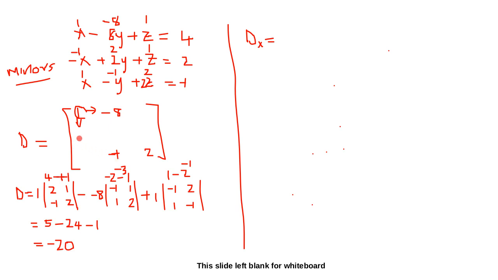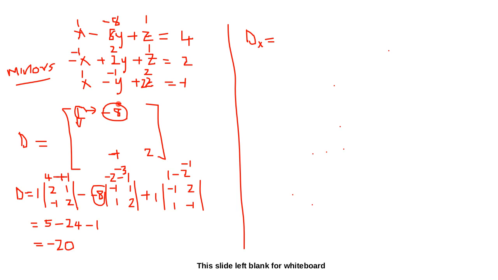So its minor is negative 1, 1, 1, 2, which we have written here. So when you are getting the determinant, we take 1, then minus negative 8 times its minor, and then plus 1 times again its minor. I hope now you have seen where we are getting the negative 8. The negative 8 that we have there is the same as the negative 8 that we have there.